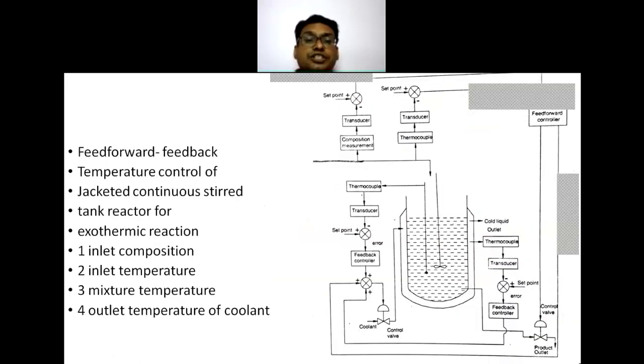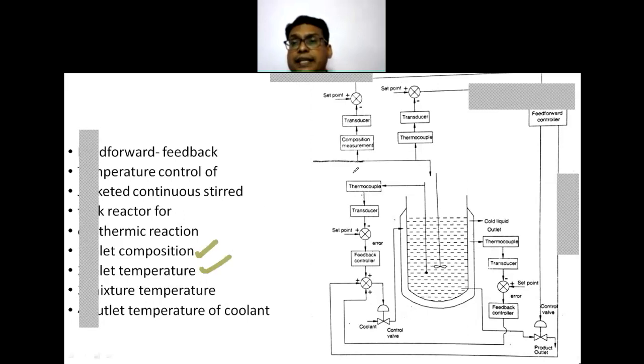The next is a jacketed continuous stir tank reactor for exothermic reaction. Now if you see in this case, there are four loops available. One is the inlet composition, then second is the inlet temperature. This is my process fluid which is entering the reaction vessel.